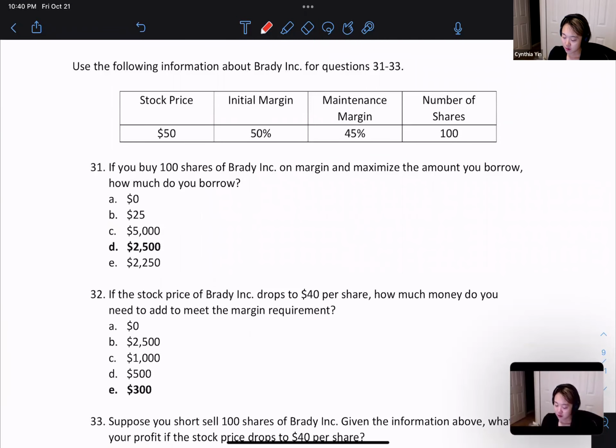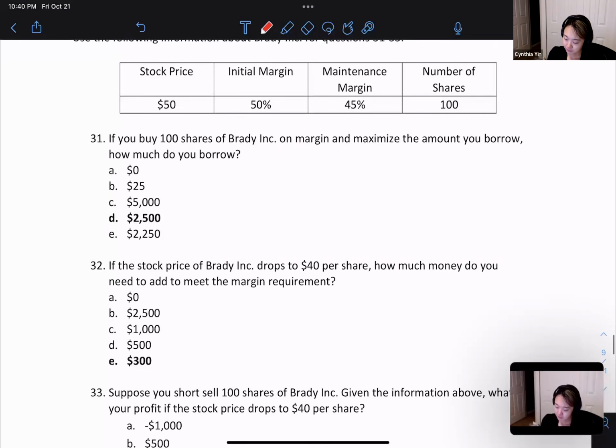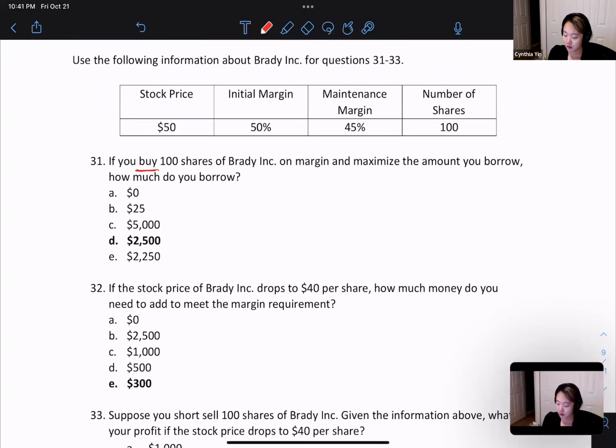And let's see 31 to 33. If you buy 100 shares of this company on margin, and you maximize the amount that you borrow, how much do you borrow?